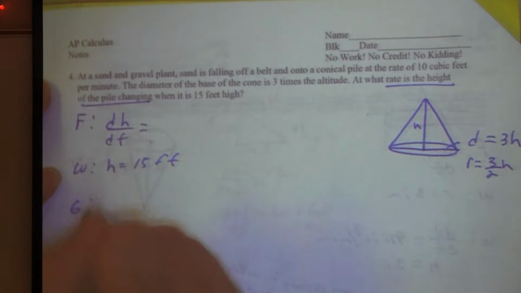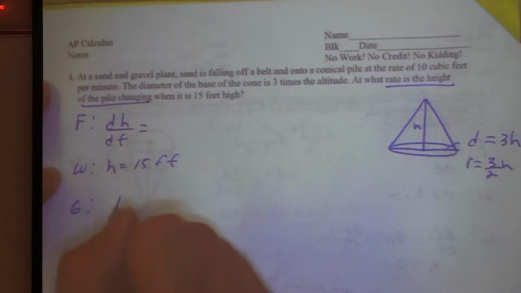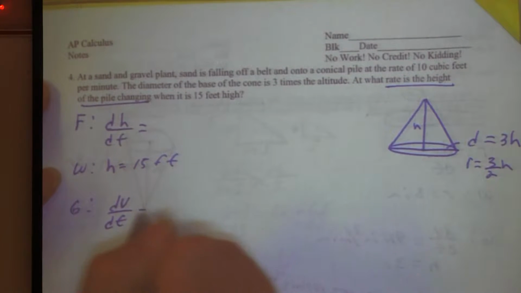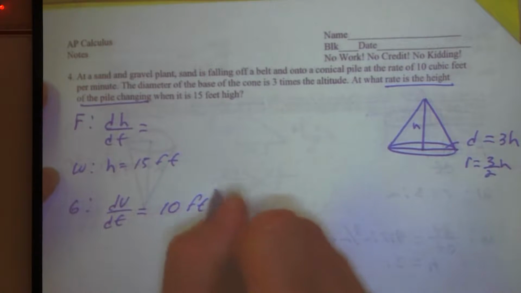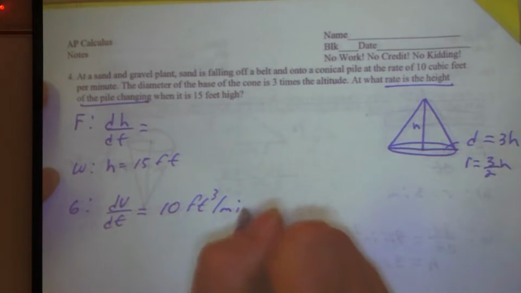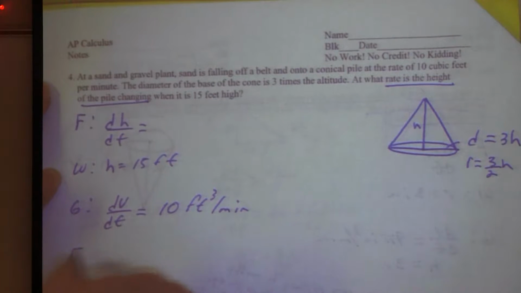Okay, given dV/dt equals 10 feet cubed per minute. Ooh, it's volume, right? Okay, got that one right.